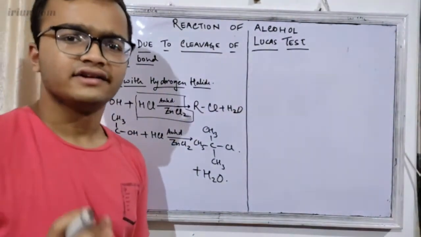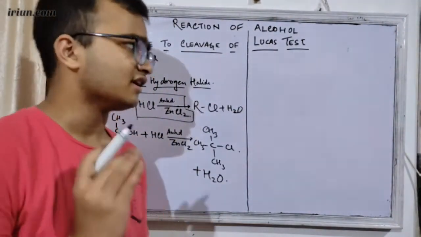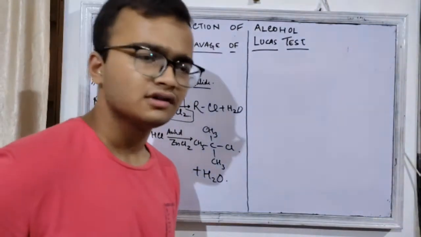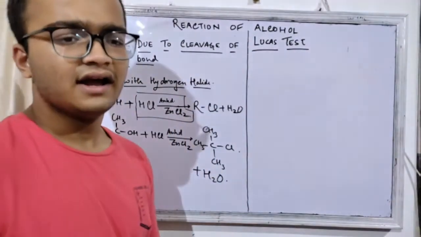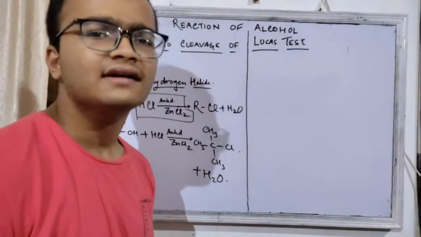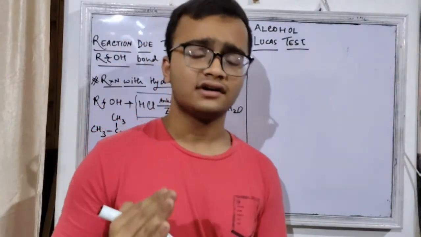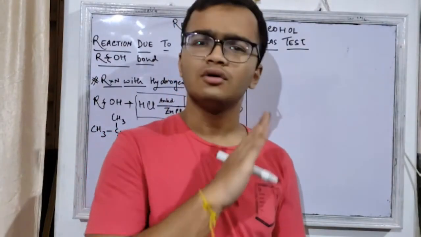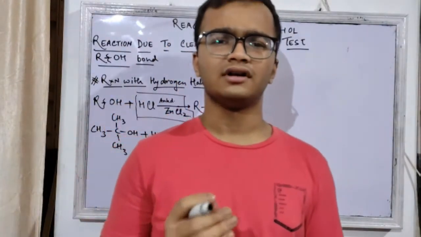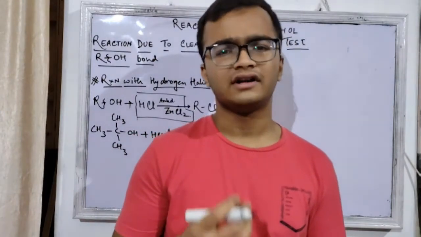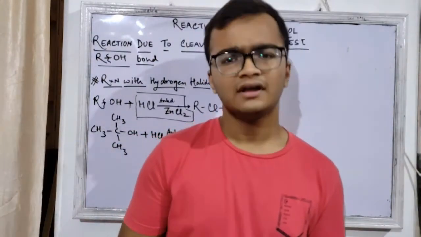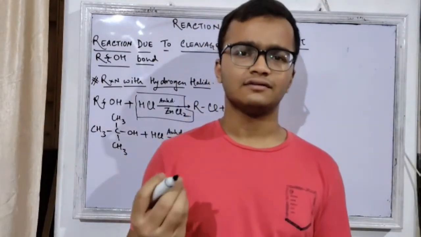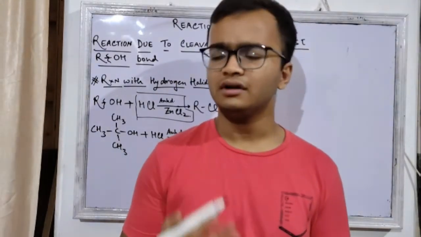To perform the Lucas test, we treat any alcohol with Lucas reagent. If a precipitate is formed immediately, then it is a 3-degree alcohol. If after 5 to 10 minutes the precipitate is formed, then it is a 2-degree alcohol. And if no precipitate is formed after any amount of time, that is, the precipitate is never formed, then it is a 1-degree alcohol. So you can say that this Lucas test is the process of identification of the type of alcohol, whether it is 1 degree, 2 degree, or 3 degree.